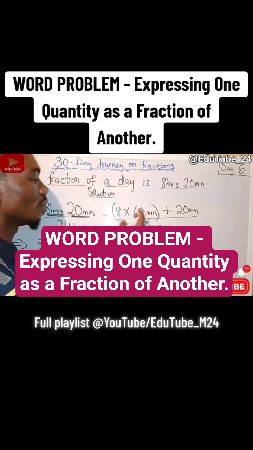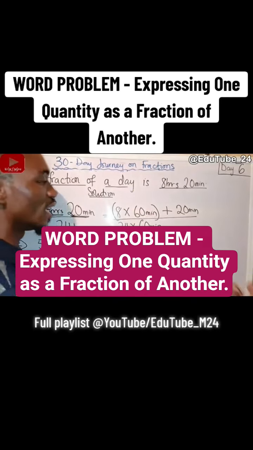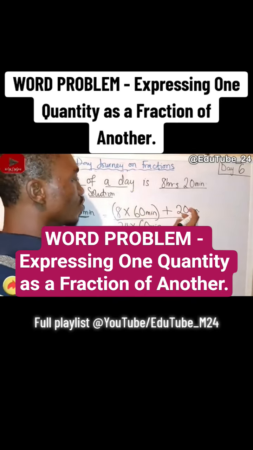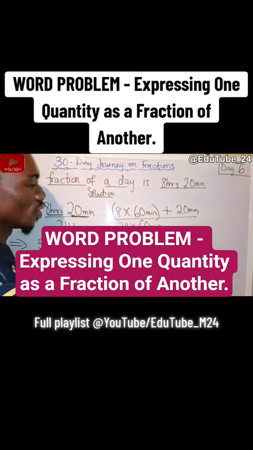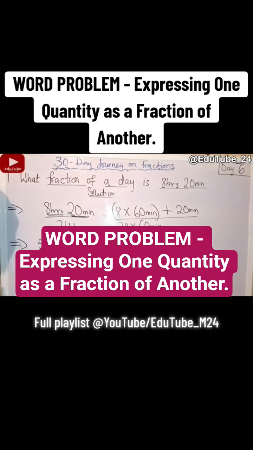That means 8 times 60 will give us 480 minutes. So 480 minutes plus 20 minutes, that will give us what? 500 minutes. All over 24 times 6 will give us 144. That means 24 times 60 will give us 1,440 minutes.